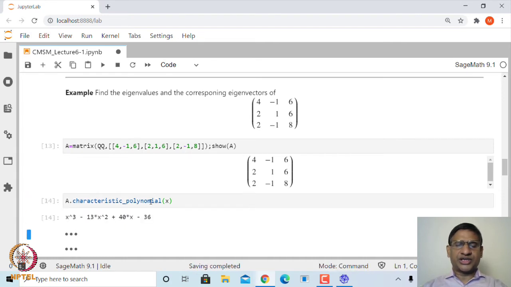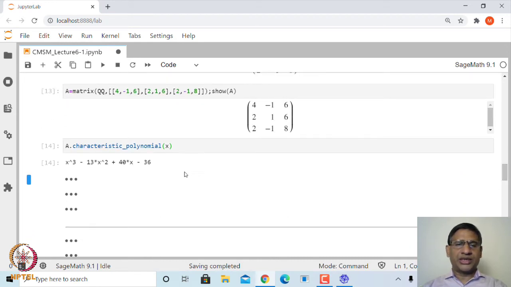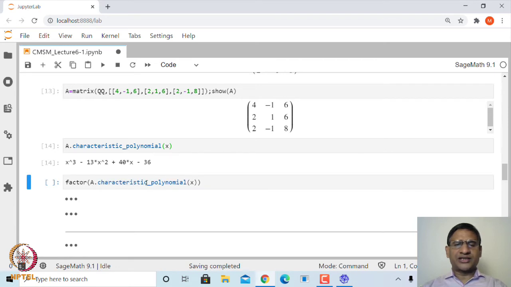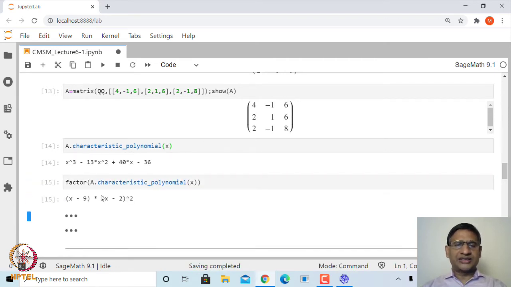A dot characteristic underscore polynomial in X. You can see here the characteristic polynomial of A is a cubic polynomial in X. Now, we can factor it, and it says that it has factors x minus 9 and x minus 2 squared. This means that 2 and 9 are going to be eigenvalues of A. 2 appears with multiplicity 2, whereas 9 appears with multiplicity 1, right.